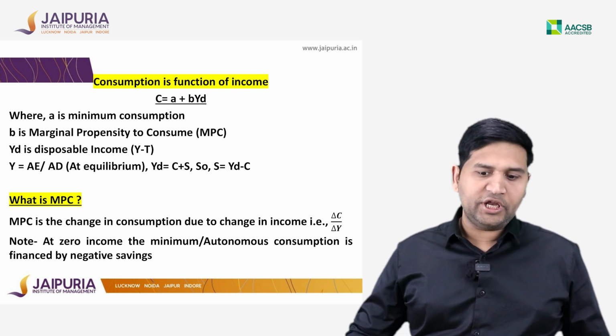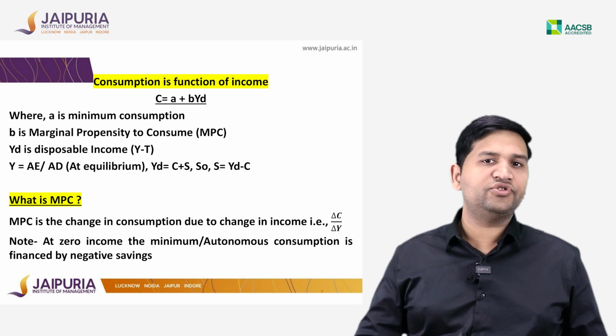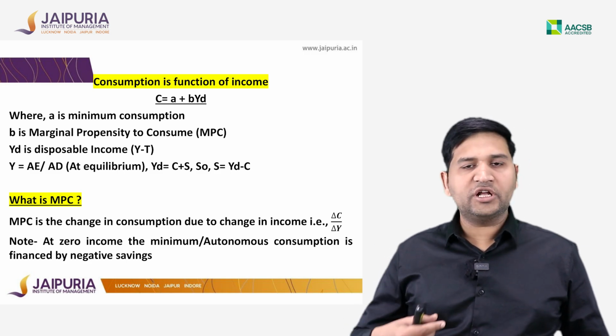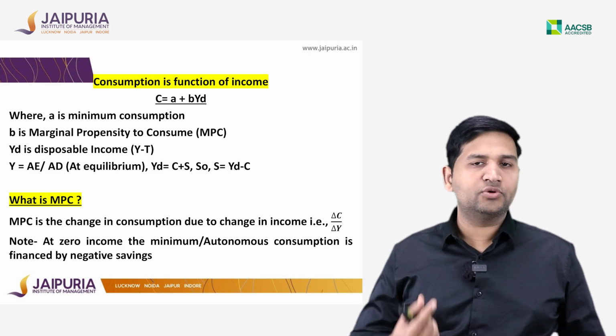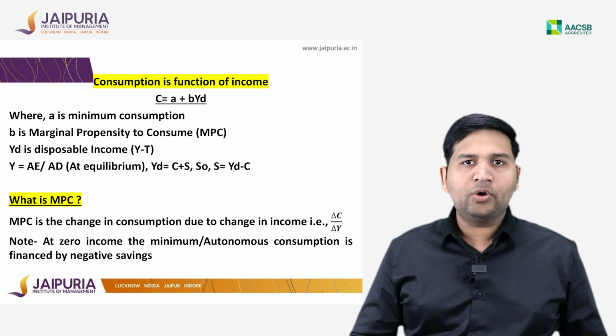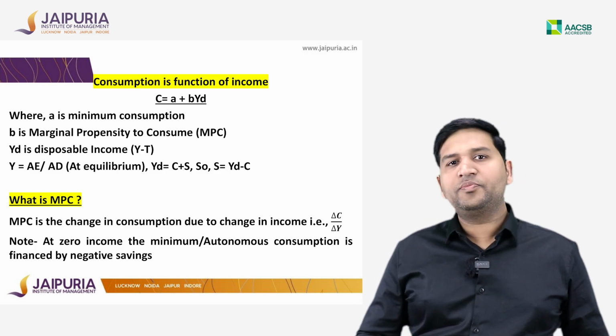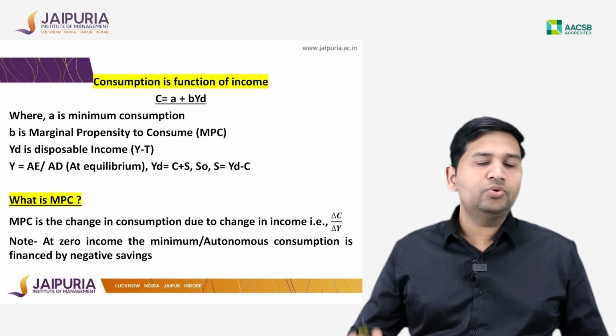That is, when your income increases and you do not increase consumption at all, your MPC will be 0. And if your income increases by, let's say, 1000 crore and consumption also increases by 1000 crore, then MPC will be equal to 1.